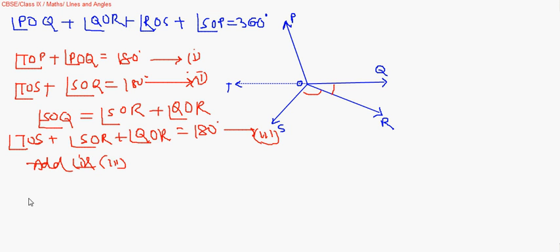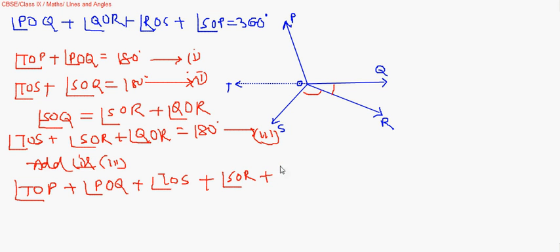What do we get on the left side? Angle TOP plus angle POQ plus angle TOS plus angle SOR plus QOR is equal to 360 degrees, because we add 180 on the RHS of both the equations, so thereby we get 360.